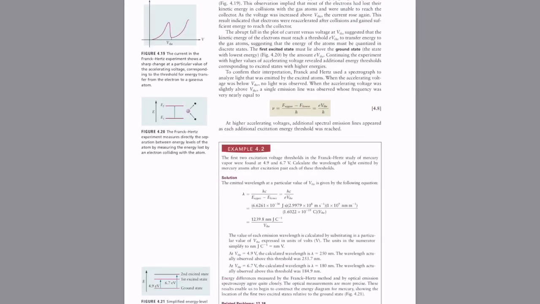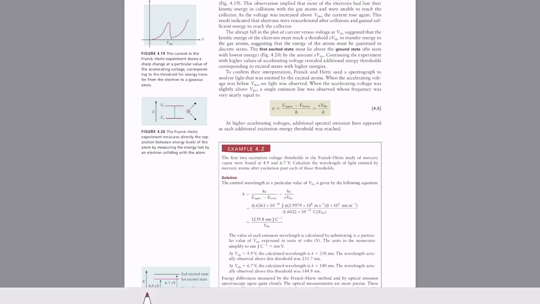What we see as the result from these experiments is that every time the electrons match the particular energy, the electrons have a bigger effect, and so more light is emitted, and then they stop emitting light once the electrons no longer match the energy difference. In these Franck-Hertz experiments, we see different peaks, as we see in this graph.